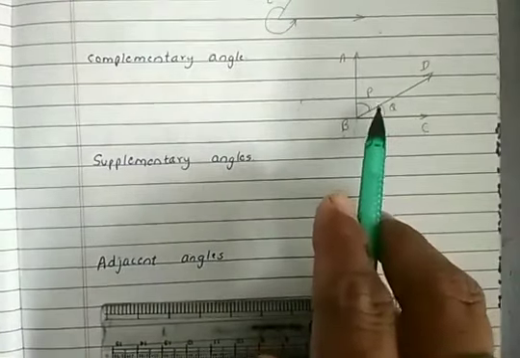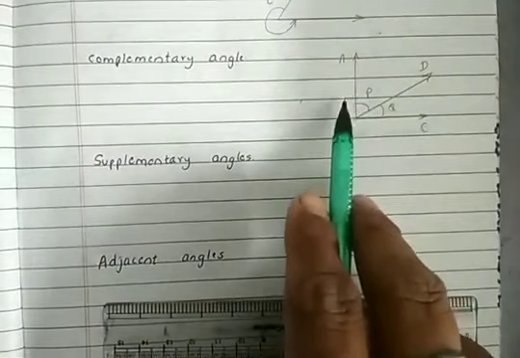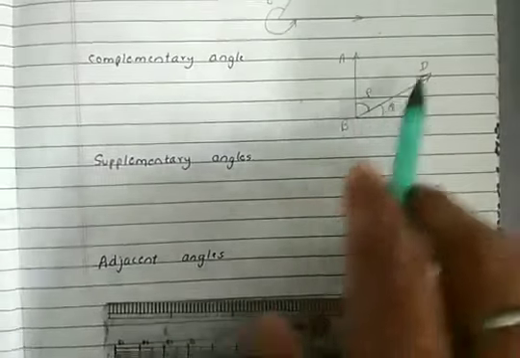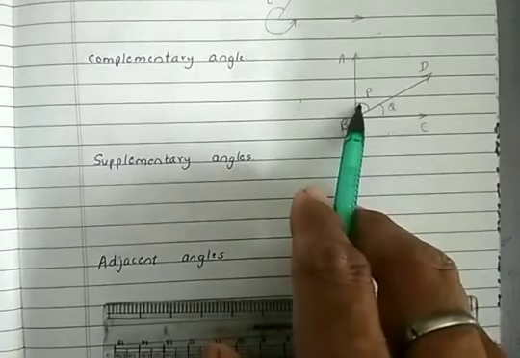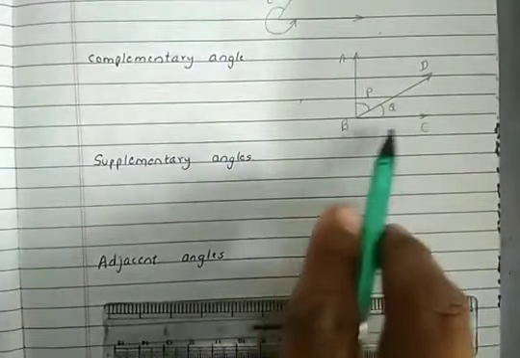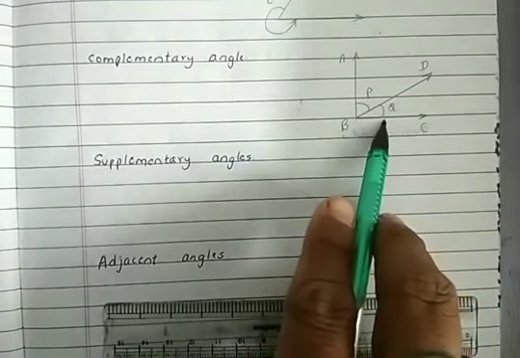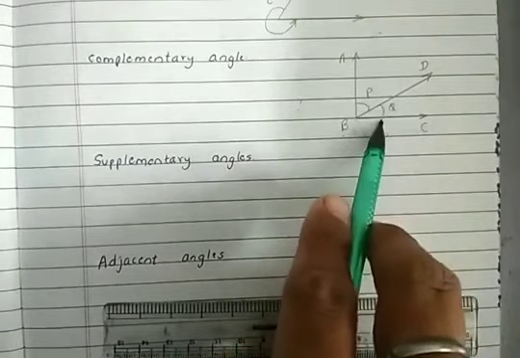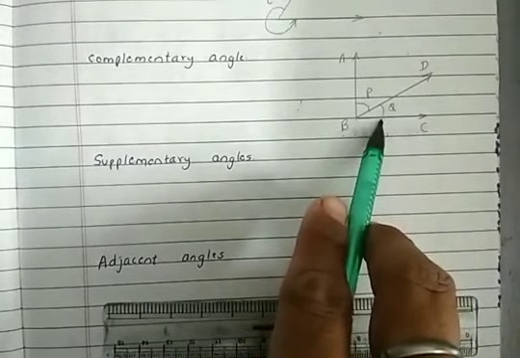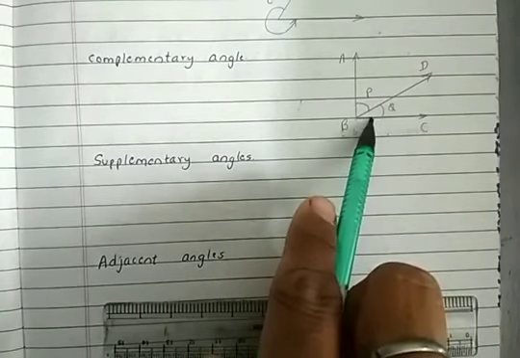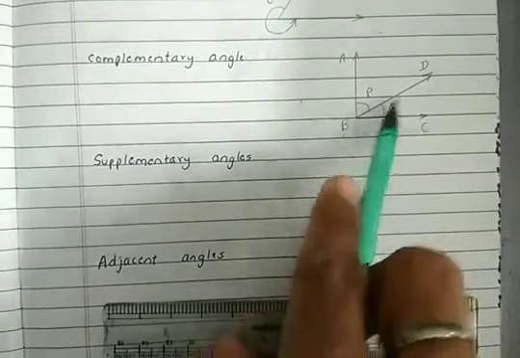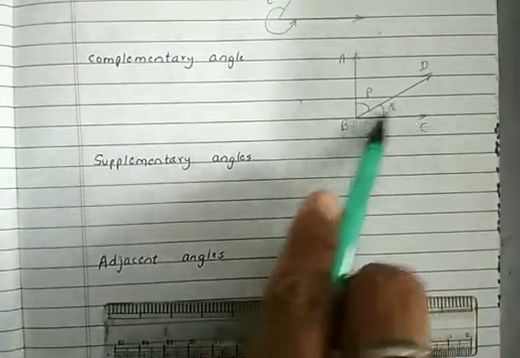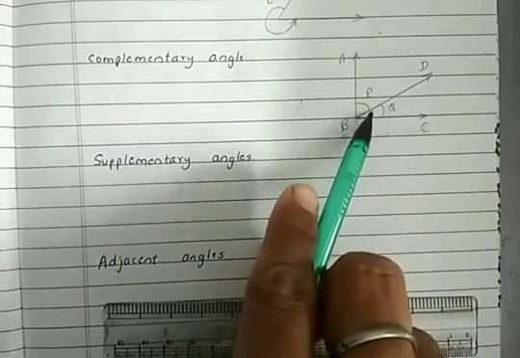Now if you see this figure, angle ABD is P degrees and angle DBC is Q degrees, right? Now if you add, this will give you a total of 90 degrees. So a complementary angle is such that two angles whose sum is 90 degrees are called complementary angles.